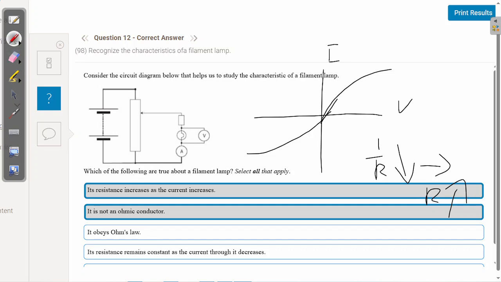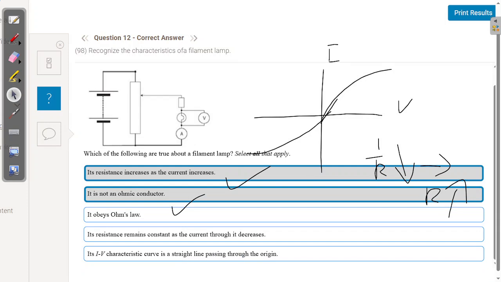Okay, this is correct. This is not an ohmic conductor, this is correct, because ohmic conductors have a perfectly straight graph like this, and this is not straight. Does it obey Ohm's law? Ohm's law is that R is constant for ohmic conductors.